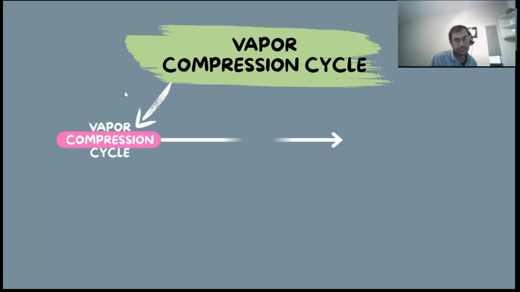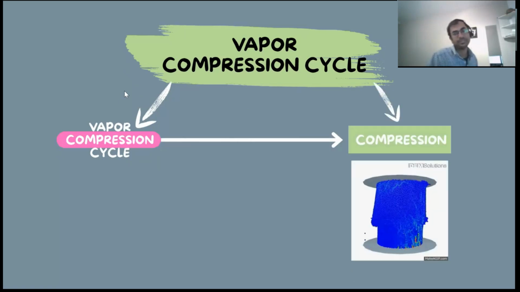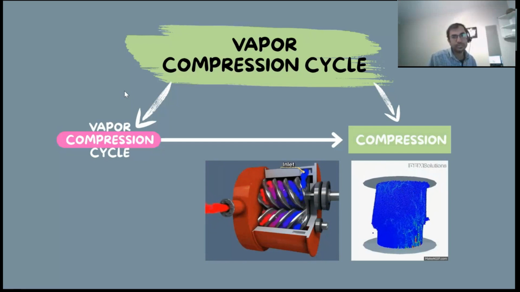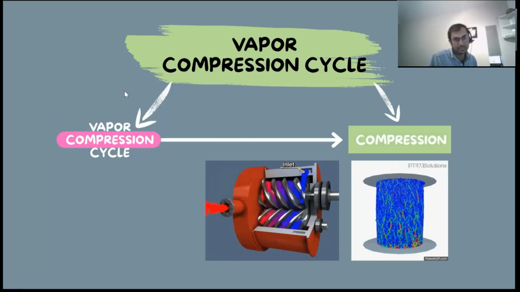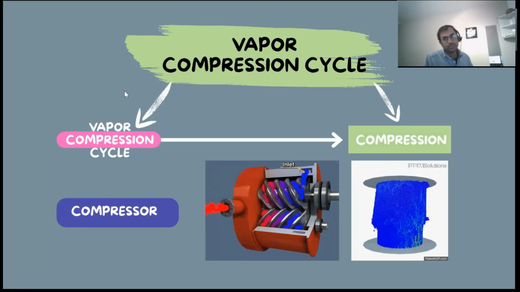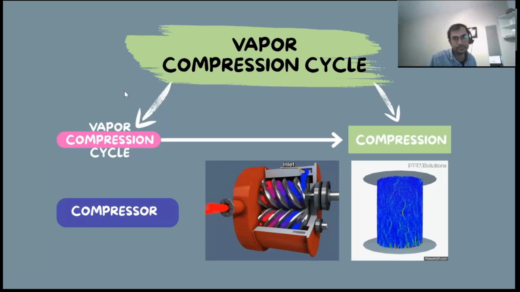If we think about compression, this is the compression of a substance. In our HVAC system, there is a component compressing that substance, and it is the compressor. Due to this compression, we call this cycle the vapor compression cycle. And the compressor is the heart of the HVAC system.